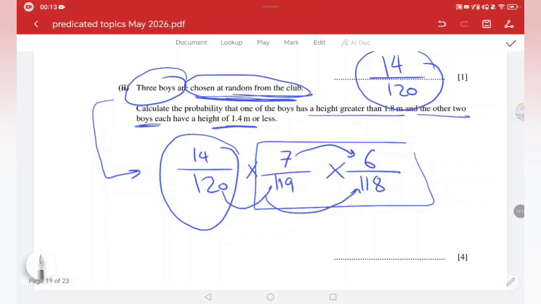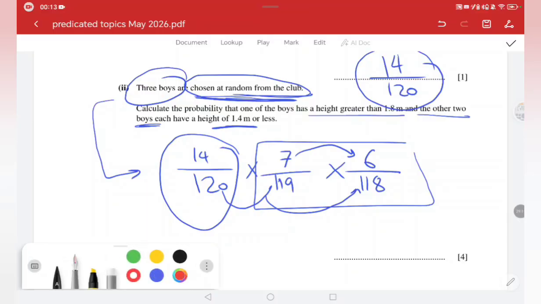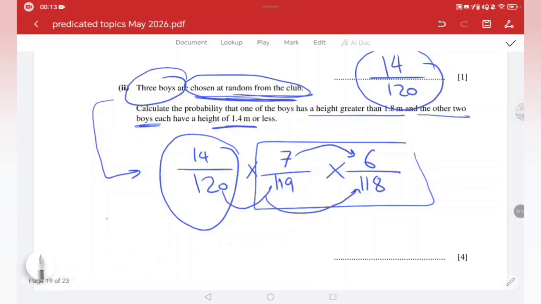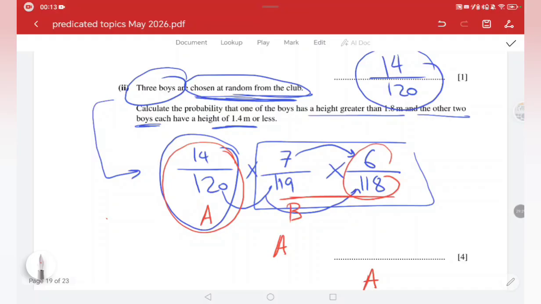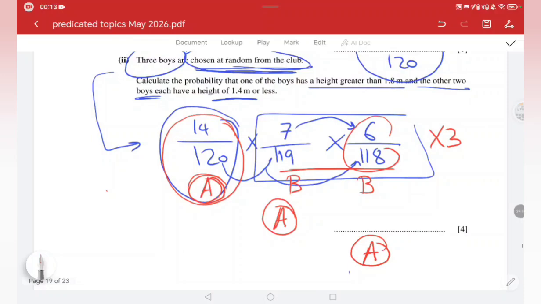Now, is this done? Not yet. You should know that we have different arrangements. Maybe this one is here, maybe this one is here, and maybe this one is here. If we consider this one as B from the same category, maybe the first one at the beginning, in the middle, or maybe at the end. So we have 3 different arrangements, so you have to multiply this one by 3. Take care about different arrangements. Don't leave it this way.